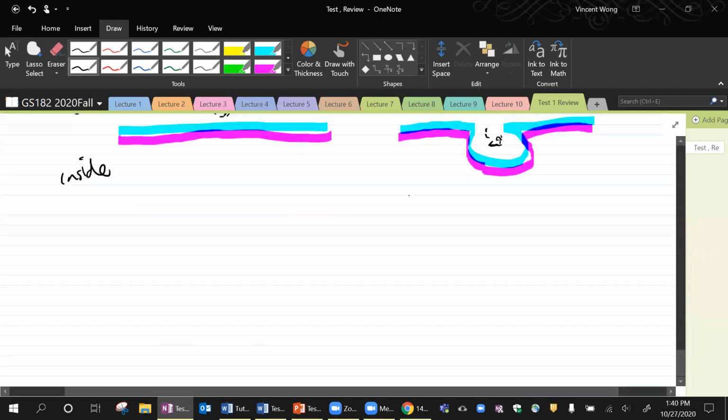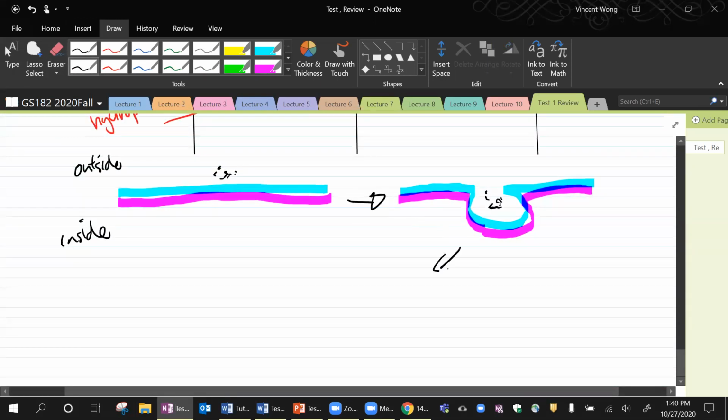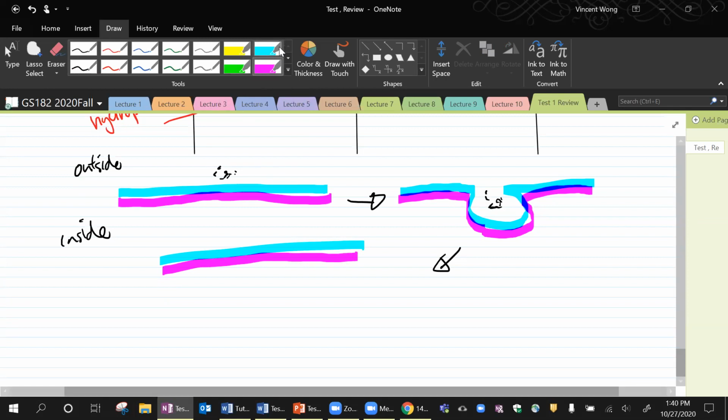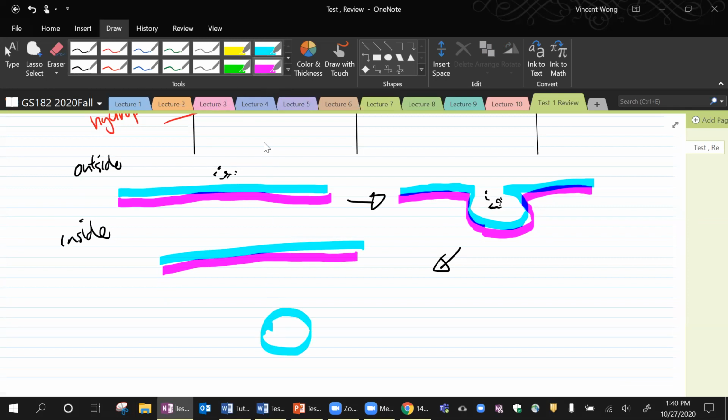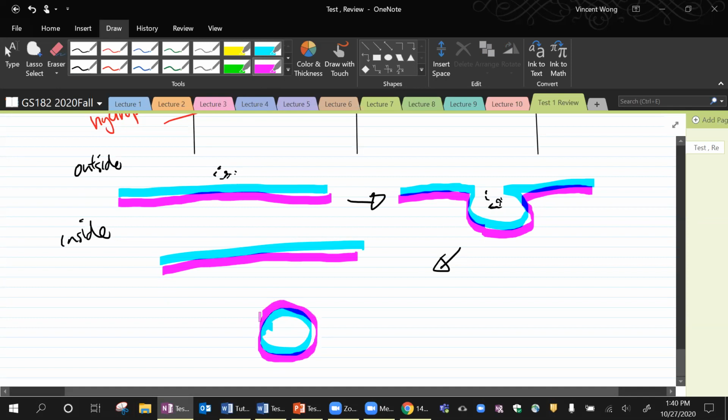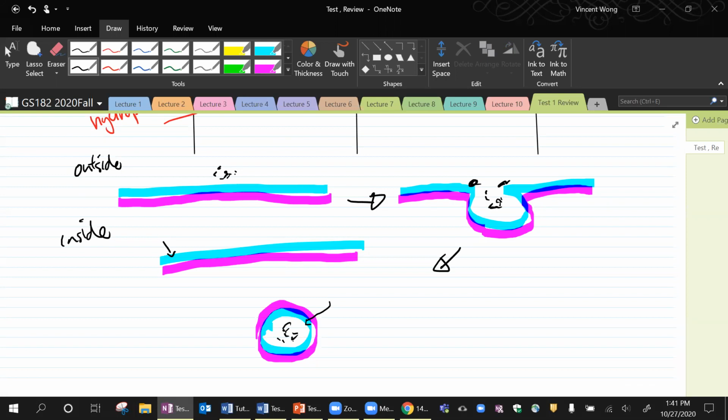So this is 1, this is 2, and finally, when it's all said and done, it's going to be like this. This part and this part are going to connect and seal together, and then your vesicle is going to come in here. So the outside, which is the blue here, the outside of the phospholipid will now be the inside of the vesicle. Yeah, that's the question. No problem.